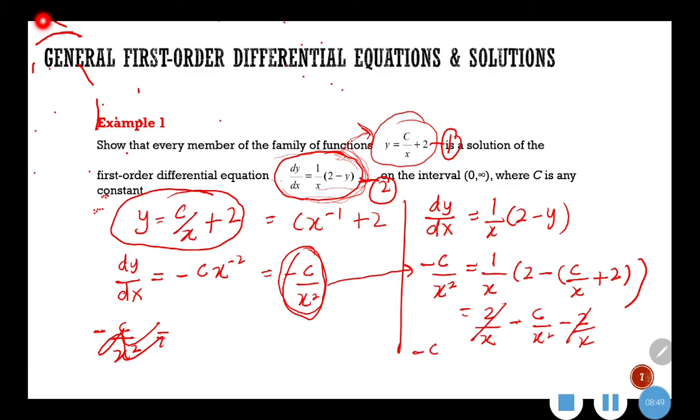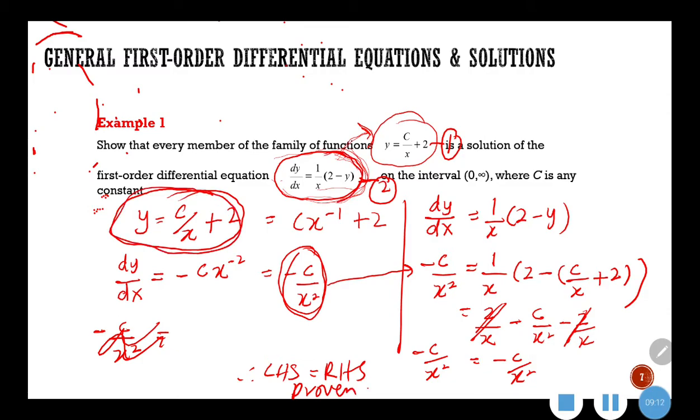So with this, we have the left hand side, dy over dx, equals negative c over x squared, and now the right hand side is also left with negative c over x squared. So left hand side equals right hand side. So proven. This is the solution to this.